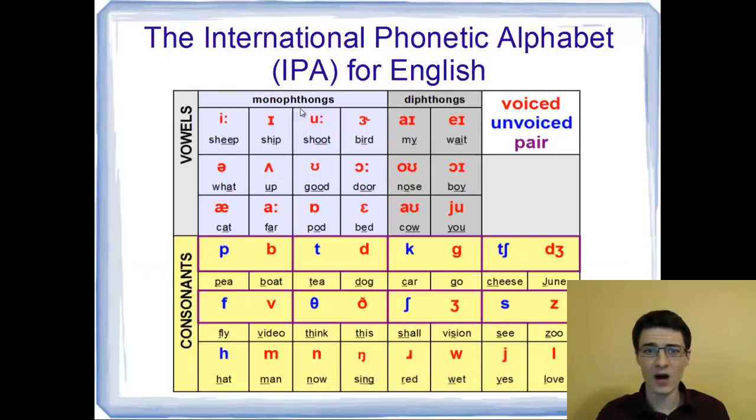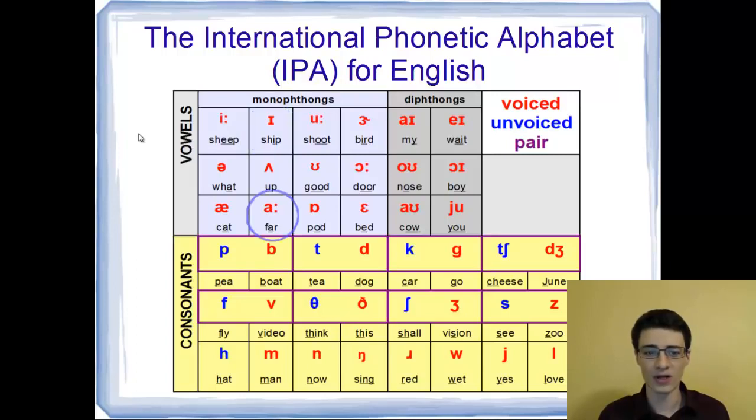Up here we have vowels. There are monophthongs, which are one sound, and diphthongs, which are two sounds put together. Mono means one, and di means two. Our first monophthong is I, as in ship.